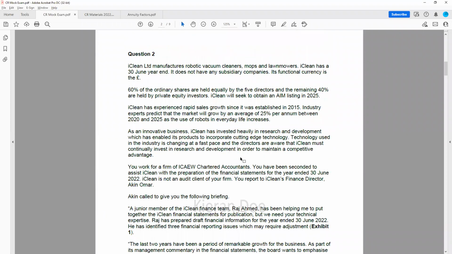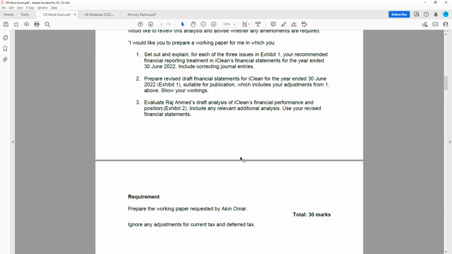As with all questions, I always suggest looking at the requirement first of all, so you can see what you have to do. We've obviously got our 30 marks here. If you find the requirement, things that we need to do, then you can identify what we need to do and you can see which exhibits relate to each question. So: set out and explain for each of the 3 issues in Exhibit 1, your recommended financial reporting treatment in ICAEW's financial statements for the year ended 30th of June 22.